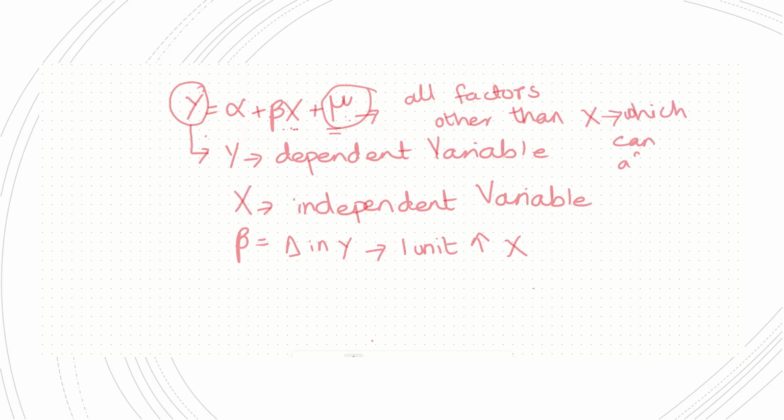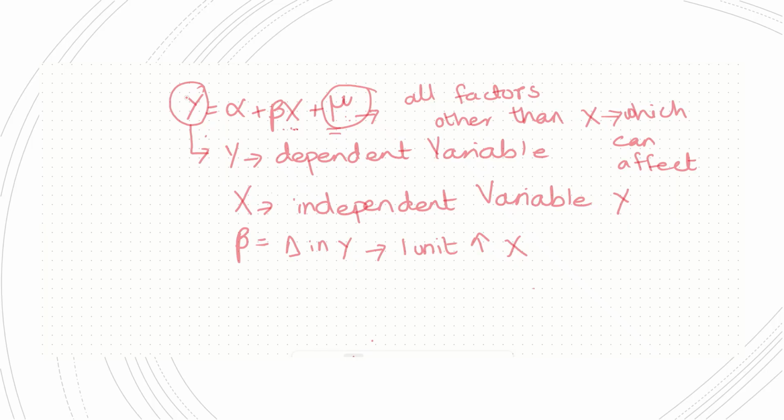Of course, it's not that the change will be just due to x. There will be other factors which will be affecting it. So the error term includes all the other factors which can affect your y. So beta is telling you the effect of a 1 unit increase in x on y.